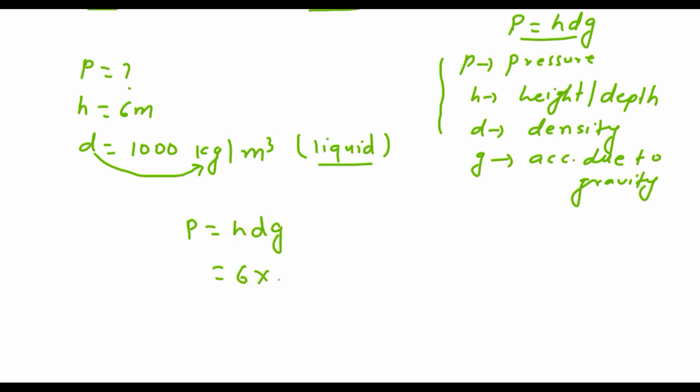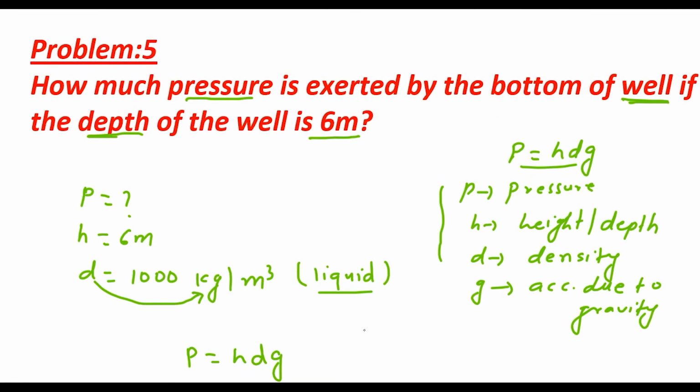Height is 6, density is 1000, and we can use g as 10, or 9.8 also. If we use 10 then it becomes 60000, and the unit of pressure is Pascal, or we can also write Newton per meter square. So this is the required pressure.